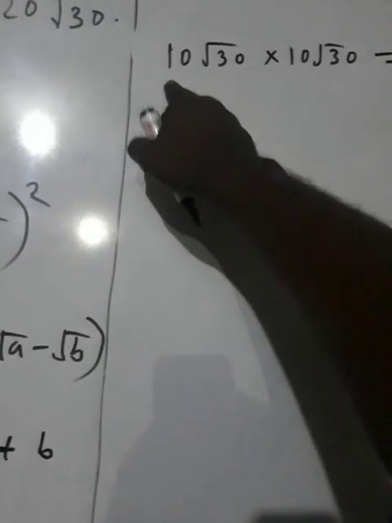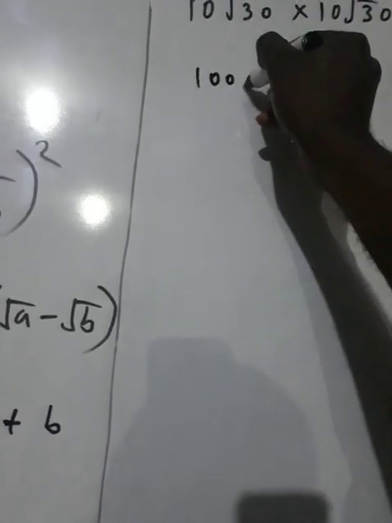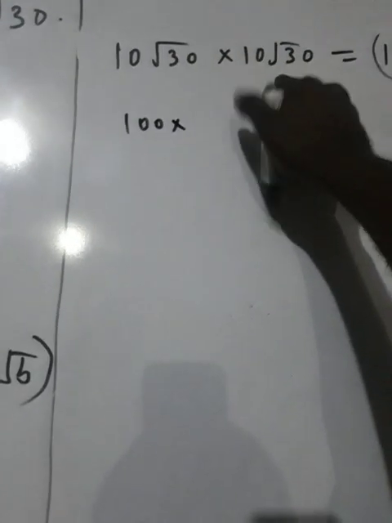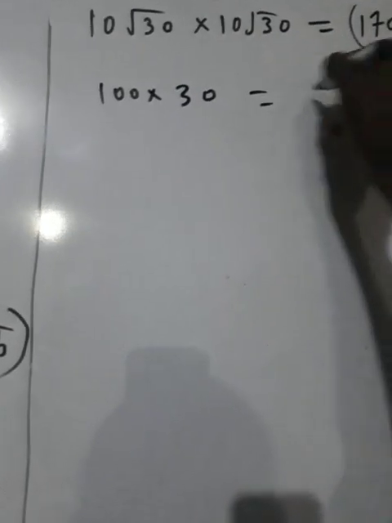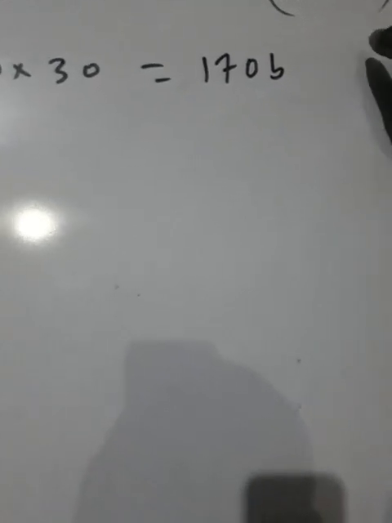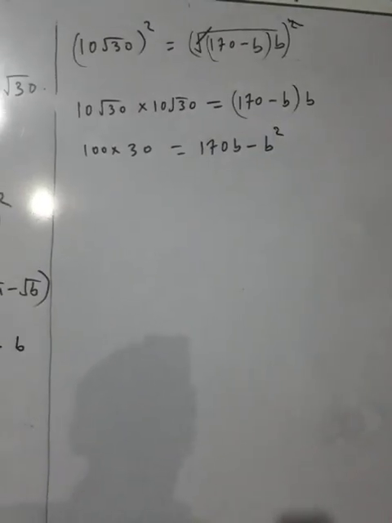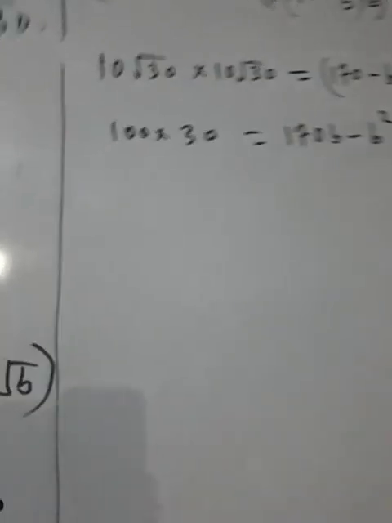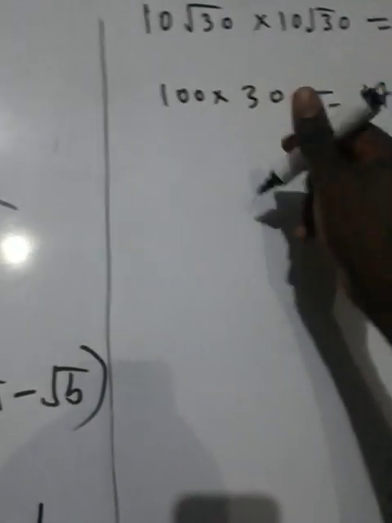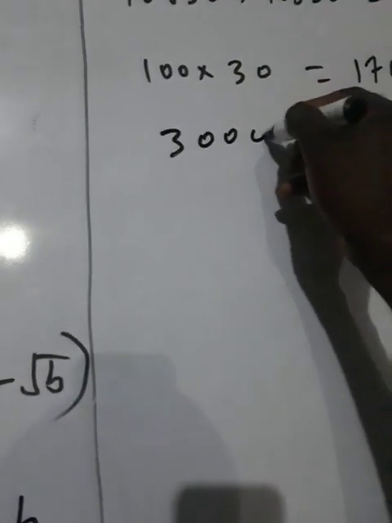Let's multiply out. 10 times 10 is 100, times root 30 times root 30 will give us 30, equals 170 times b is 170b, minus b times b is minus b squared. Alright, we are in order. So we rearrange. Remember, 100 times 30 is 3000, equals 170b minus b squared.